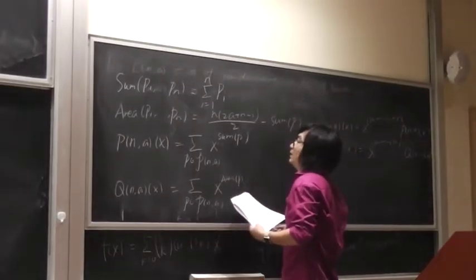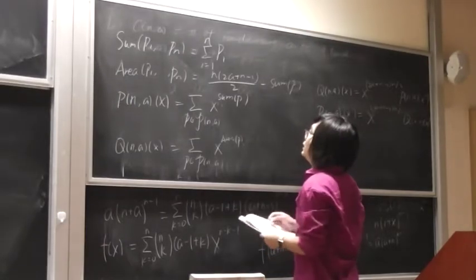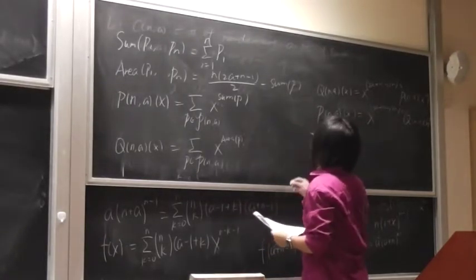And we have a similar recurrence relation for P and Q. Especially for P, it's very similar to the one for the counting of a-parking functions.